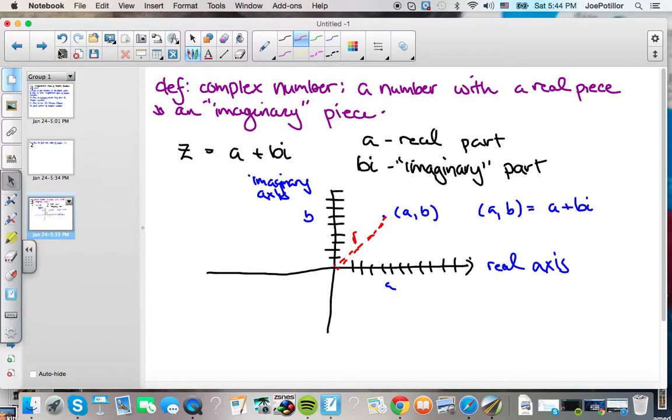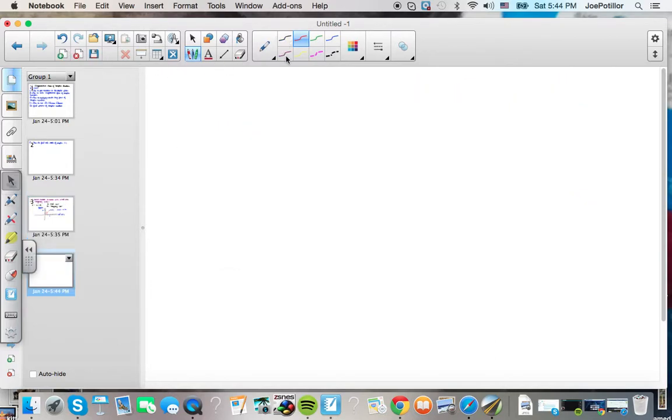Okay, so I'll write this on the next page. The modulus is the absolute value of a complex number.